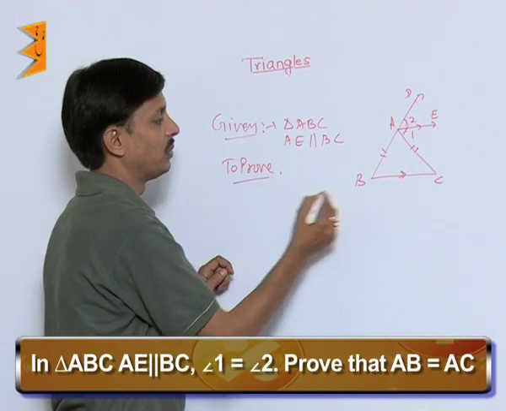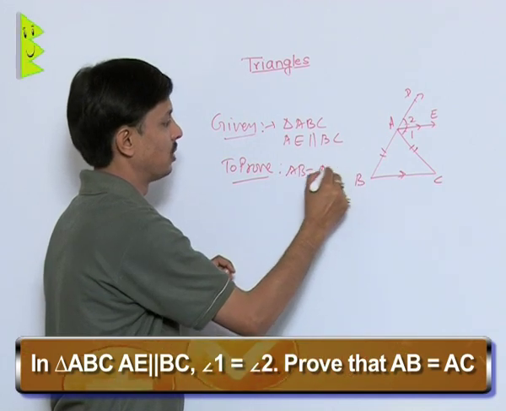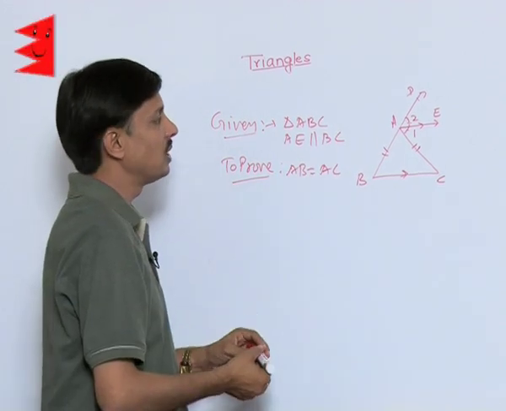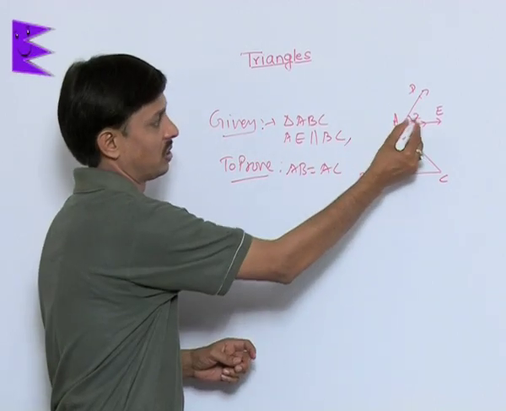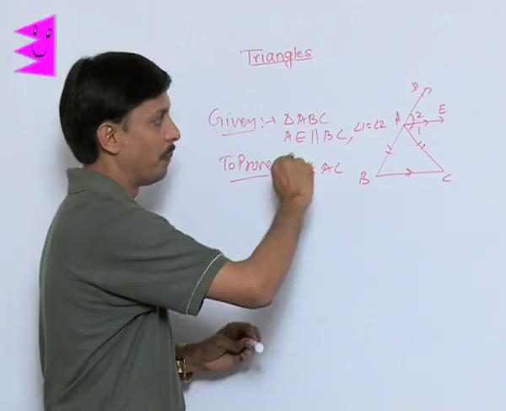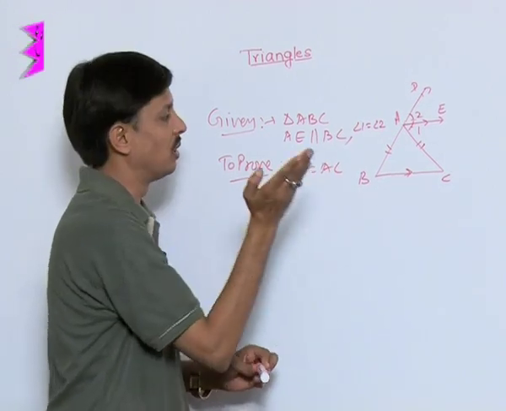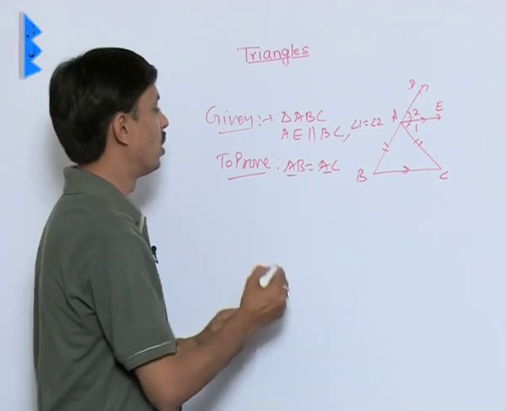We want to prove that AB is equal to AC. AB and AC are equal. This we want to show. Here one more piece of information is given: angle 1 is equal to angle 2. This is the bisector as well as parallel to the base. Now AB equal to AC is what we want to prove.